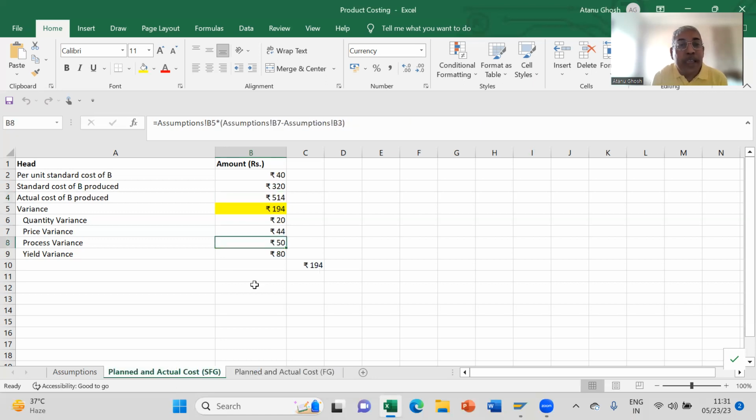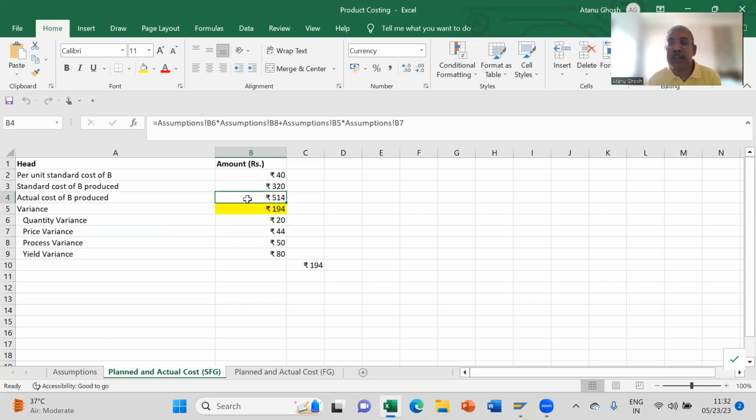That means when I produced 8 units of B, the value of that B lying in my stock will become 514 rupees and not 320 rupees. Now, this will mean that in my balance sheet, my current asset will become 514 rupees, which is an inflated value of my current asset.